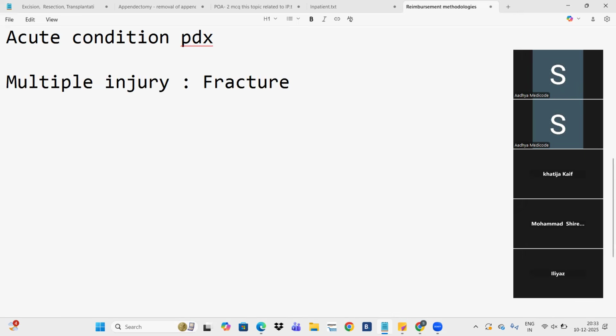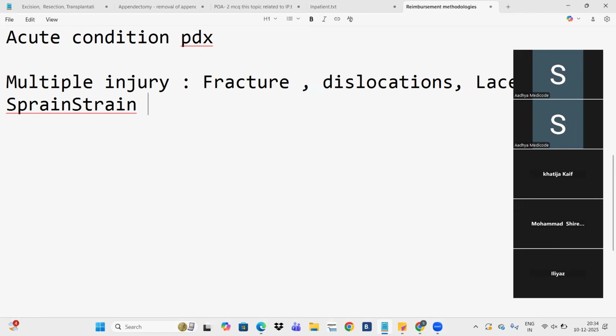In this sequence we need to code, guys: fractures, dislocations, lacerations, sprain, strain, contusion, abrasion. In this sequence we need to code when the patient has multiple injuries.